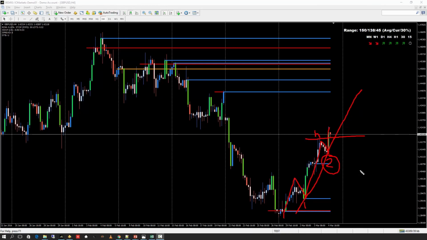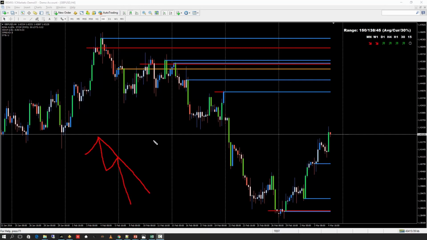Okay, so once you've drawn your valid trend lines, then you have to look for something called a trend line break. And trend line breaks are important because, let me draw something here. If you have prices moving up like this and down, and we draw our trend line like this, the area of demand down here is only qualified once price breaks above the trend line.